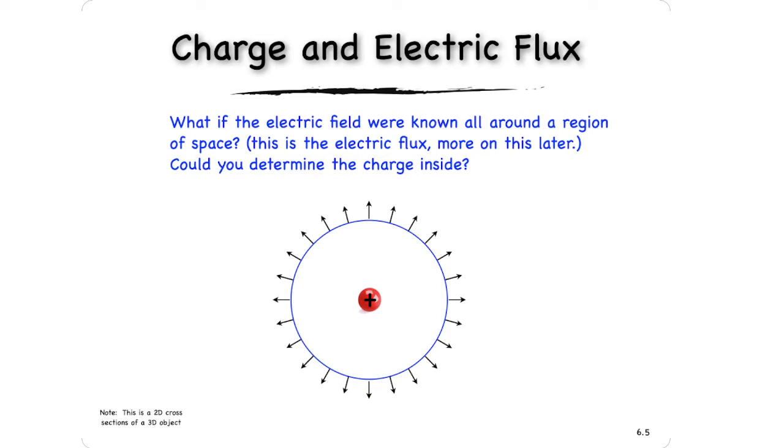Could we determine the charge inside that surface? So for example, if we know that at every point on this sphere, or in 2 dimensions it's a circle, if we know the electric field is pointing outwards, what do we know about the charges inside of it?